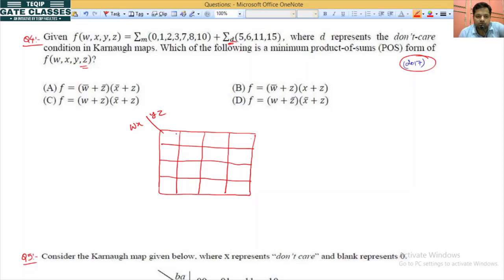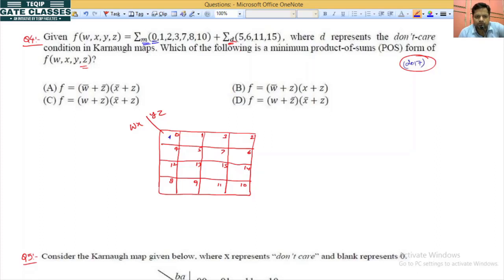So what will be the value of this? 0, 1, 2, 3, 4 5 6 7 8 9 10 11 12 13 14 15. Now at 0 the output is 1, because the given expression is a sum of min terms.